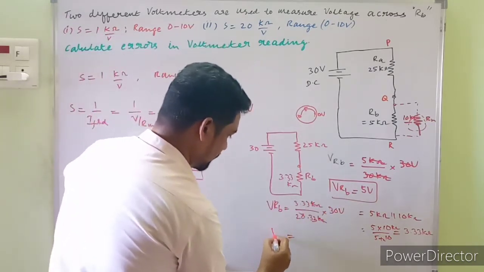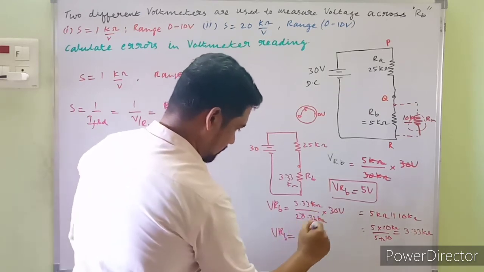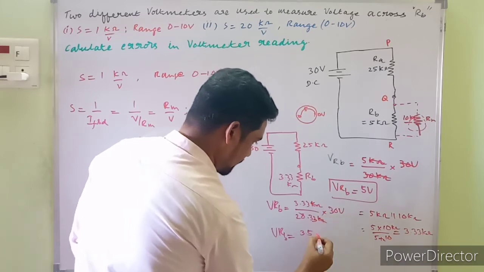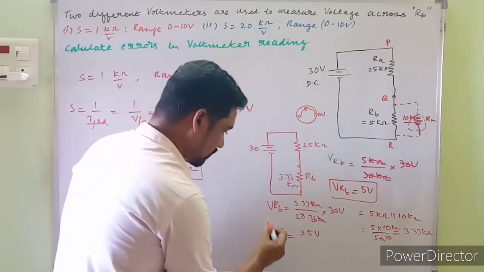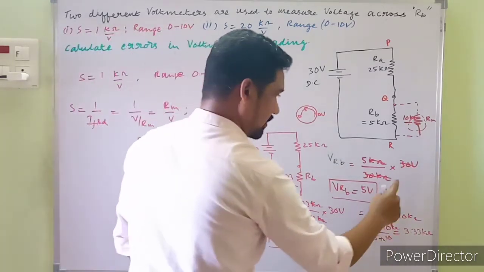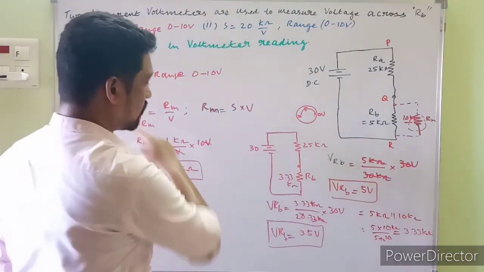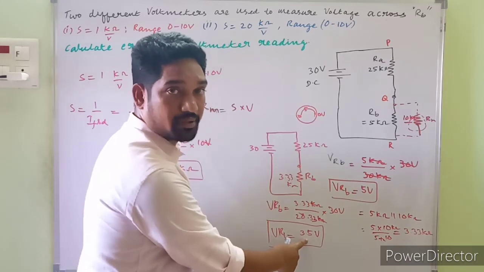Simplifying this, the new VRB should be 3.5 volts. This is the indication given by voltmeter 1. In the absence of this, it's exactly 5 volts, using the traditional method. After introducing the voltmeter, this is the voltage indicated by the voltmeter.